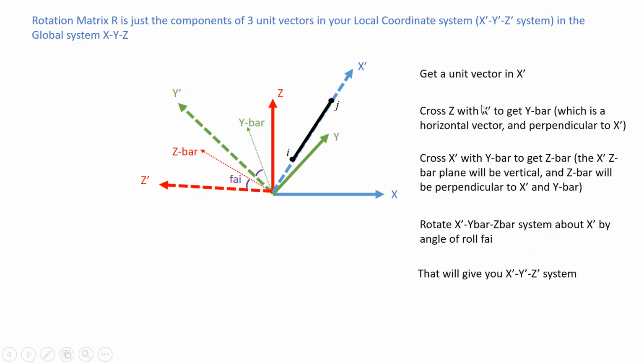That's it. If you look at every single one of these, it is actually very easy to program in MATLAB. The unit vector you can do, the cross product is just a very fundamental thing in MATLAB. And then you cross it again.